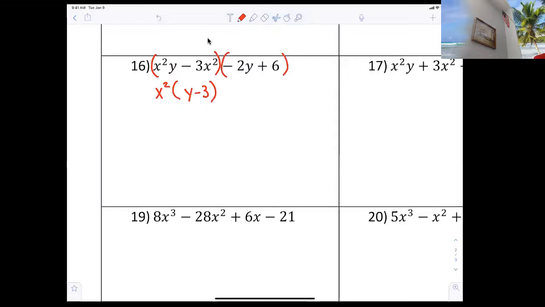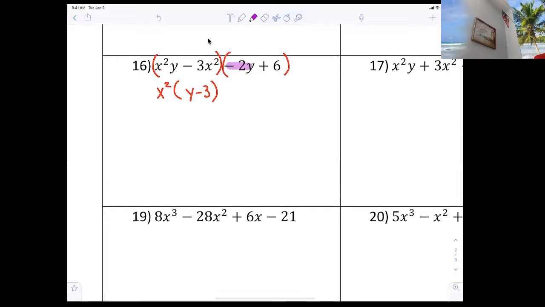Someone, if you're looking here, what's the GCF? 2? Close. 6. What did I tell you about this? Right? So what's common with 2 and 6? 2, but we're not saying 2, we're saying -2.